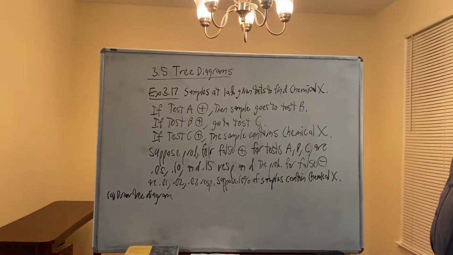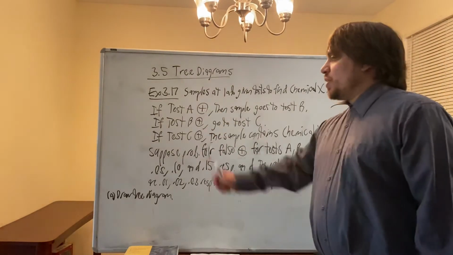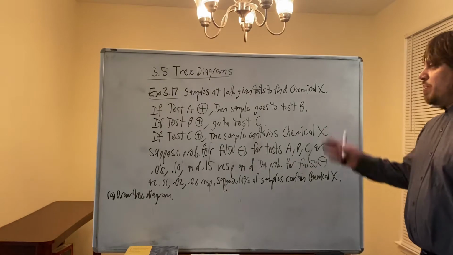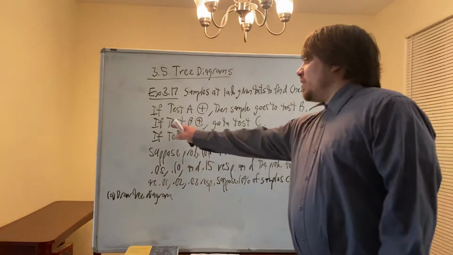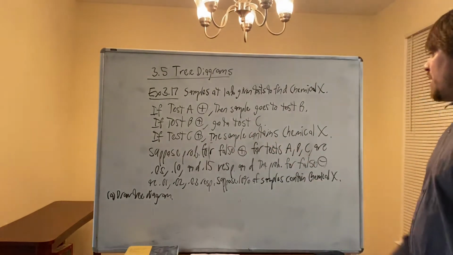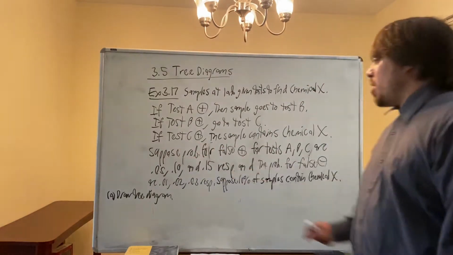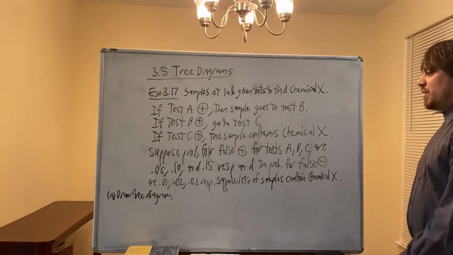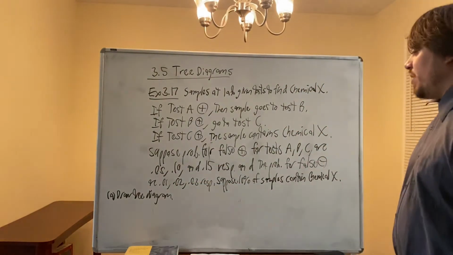Example 3.17: samples at a lab are given tests to find a chemical called chemical X. If test A, the first test, is positive, then the sample goes to test B. If it's not positive, it doesn't go to the next test. If test B is positive, it goes to test C. If test C is positive, the sample contains chemical X by these tests. Suppose the probabilities of a false positive for tests A, B, and C are 0.05, 0.10, and 0.15, respectively.